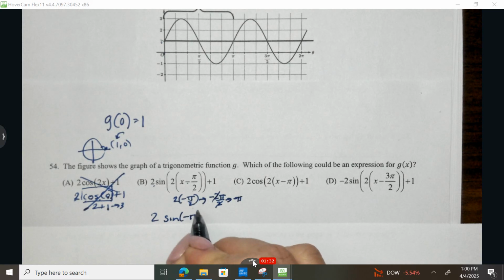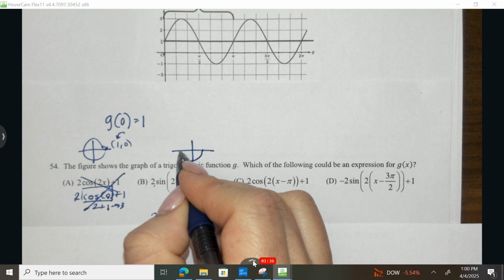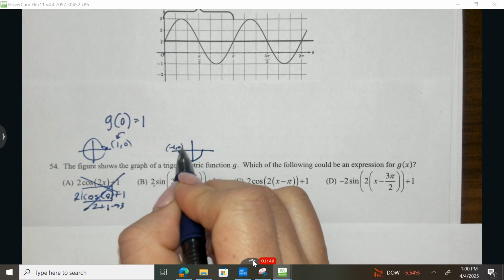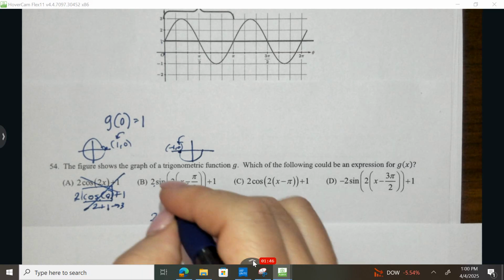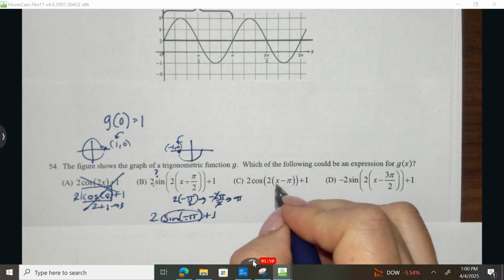I want to know what is the sine at negative pi. So let me draw the circle. Negative pi, I'm going to reverse it, it's right here. The ordered pair here is negative 1, 0, and the sine is 0. So this portion is 0, 2 times 0 is 0. 0 plus 1 is 1. This is a possibility of being an answer.